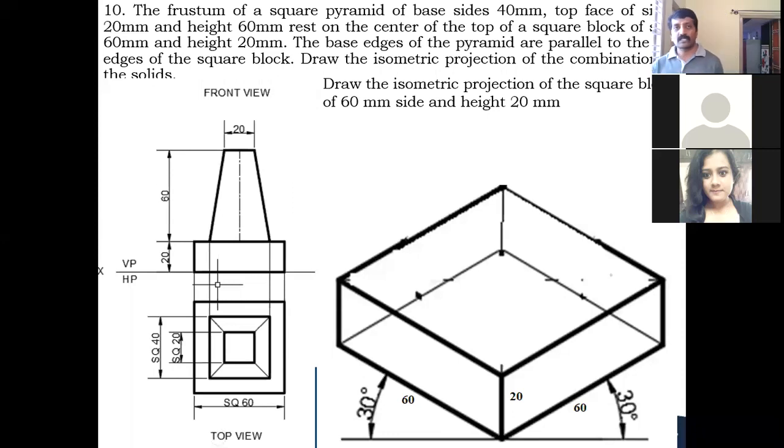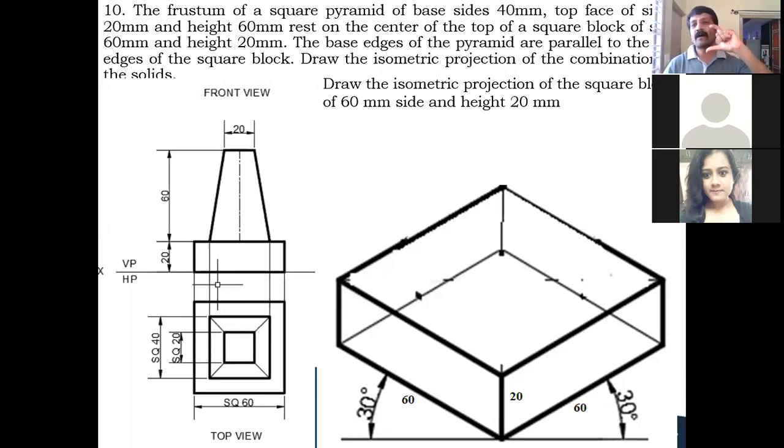So you know this square pyramid, yes. When the square pyramid is cut in such a way that the cutting plane is perpendicular to the axis, between the vertex and the base, and after cutting, the top portion we remove and retain the bottom portion.